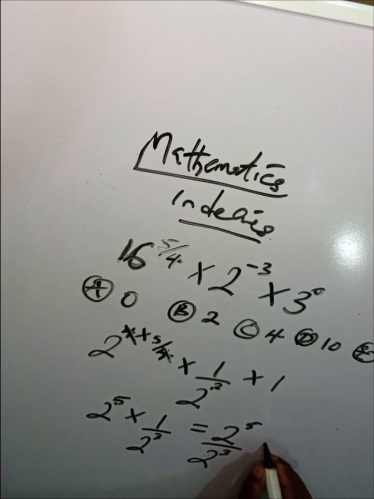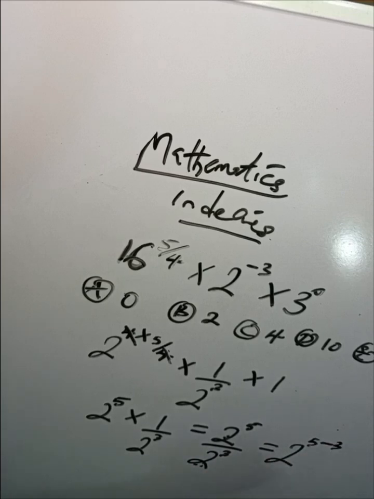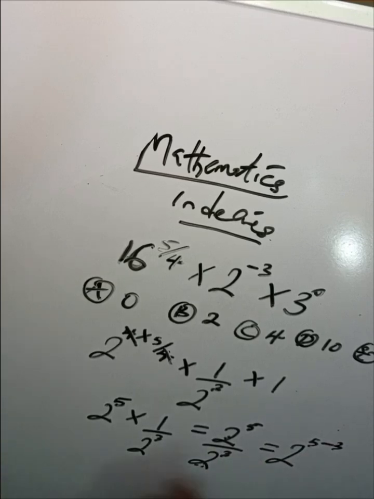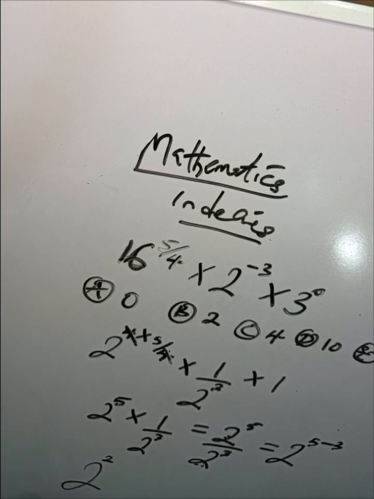When you have this, the bases are the same, so you subtract the power. 2 raised to power 5 minus the power of the denominator. So 5 minus 3 is 2. So that is 2 raised to power 2, is it not? 2 raised to power 2 is the same as 2 times 2, which is 4. So the answer is 4.